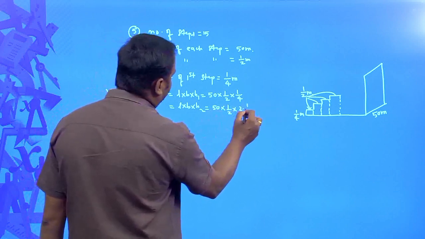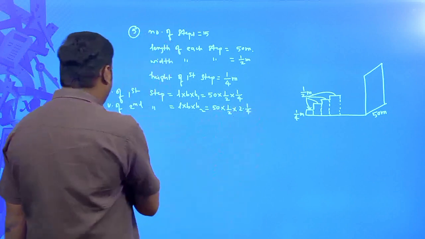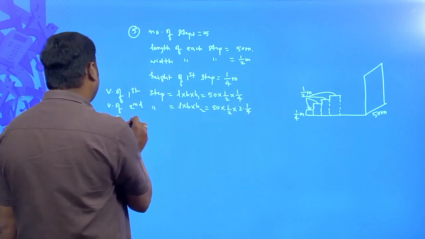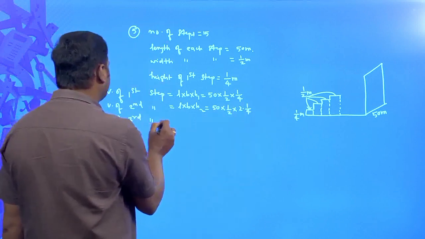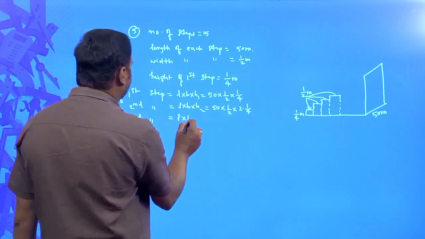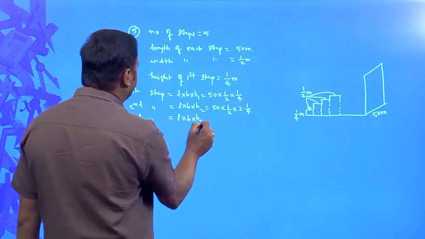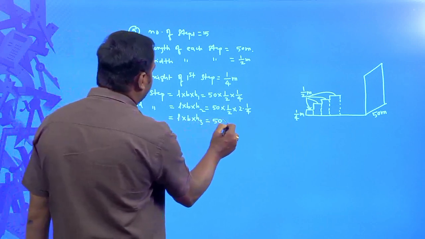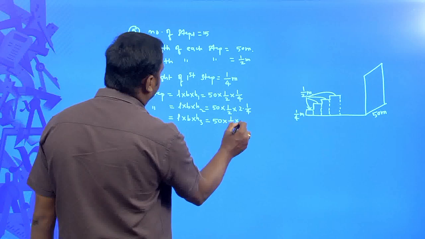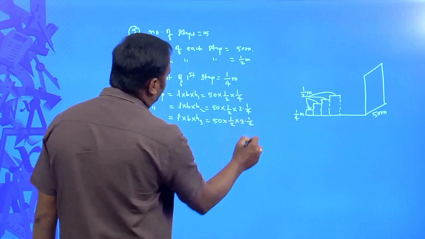So, I would write 2 times 1/4. And volume of third step is going to be L into B into H3, which is equal to 50 into half into 3 times 1/4.